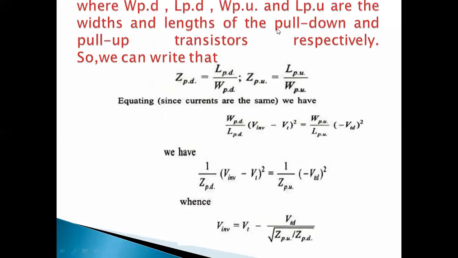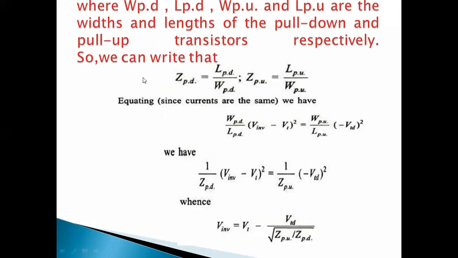Here WPD, LPD, WPU and LPU: W stands for the width and L stands for the length of the pull-down and pull-up transistors respectively. W is the width of the channel, L is the length of the channel of the pull-down as well as the pull-up devices.